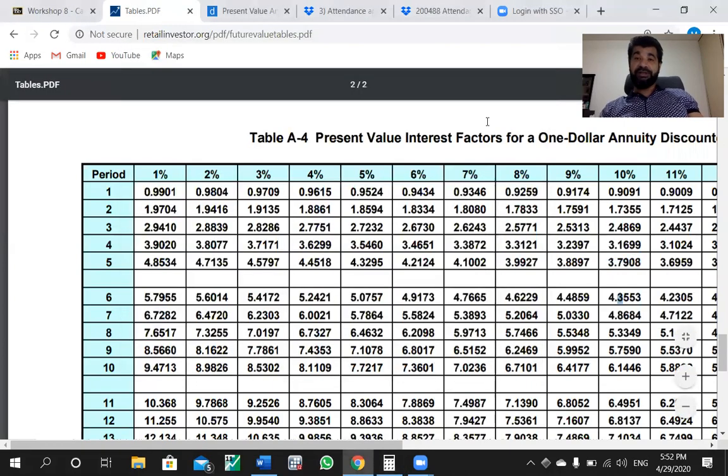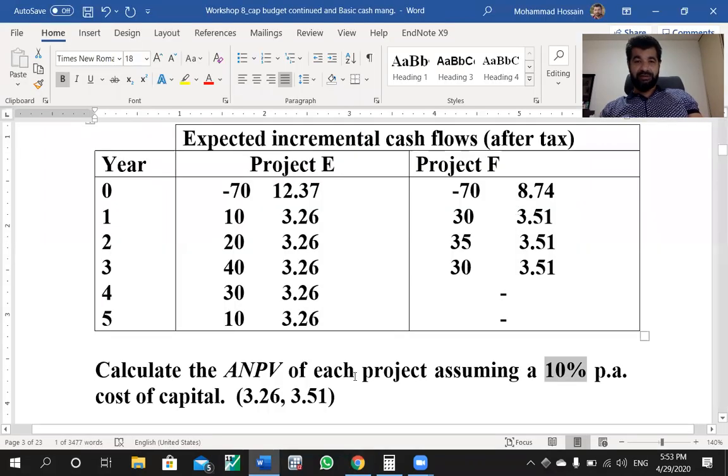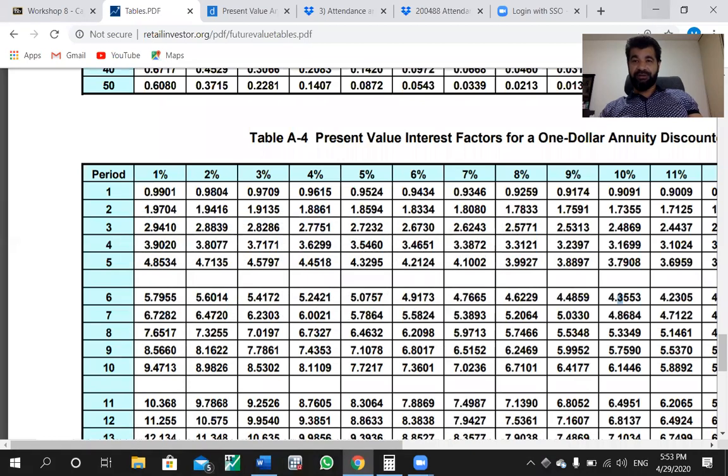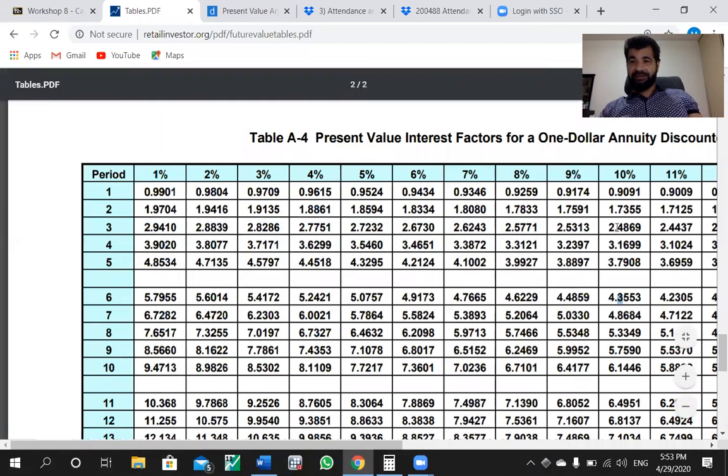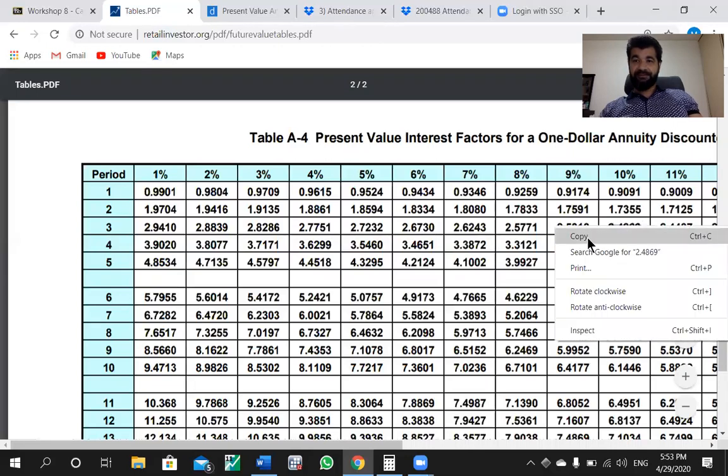Then for the other project, another project is 10%, but this one is 3 years. So let's see, 3 years, 10%, 1, 2, 3 years is in here, 2.4869.